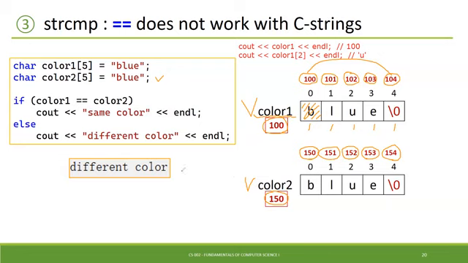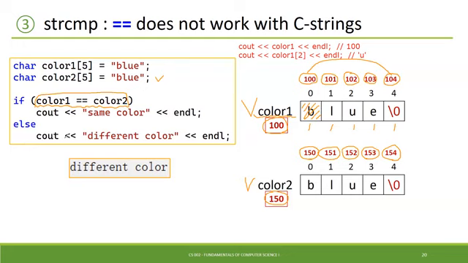Okay, and guys, look at this one. See here, if I do this, what happens? When I compare color1 and color2, what happens? Compare the address. Yes, compare the address.